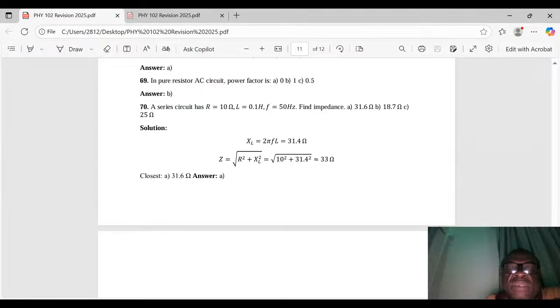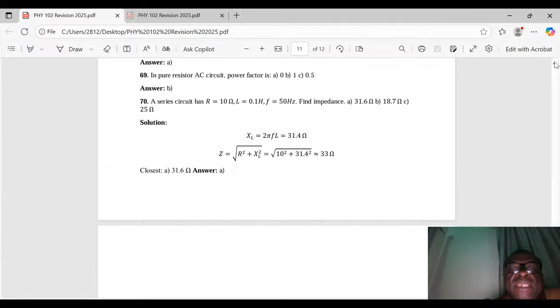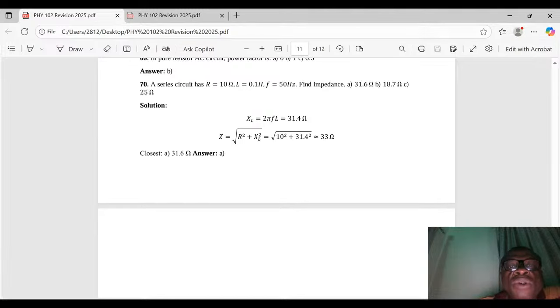And 70, which is not last but not the least. In a series circuit, R is equal to 10 ohms, L is equal to 0.1 Henry, F is equal to 50 Hz.